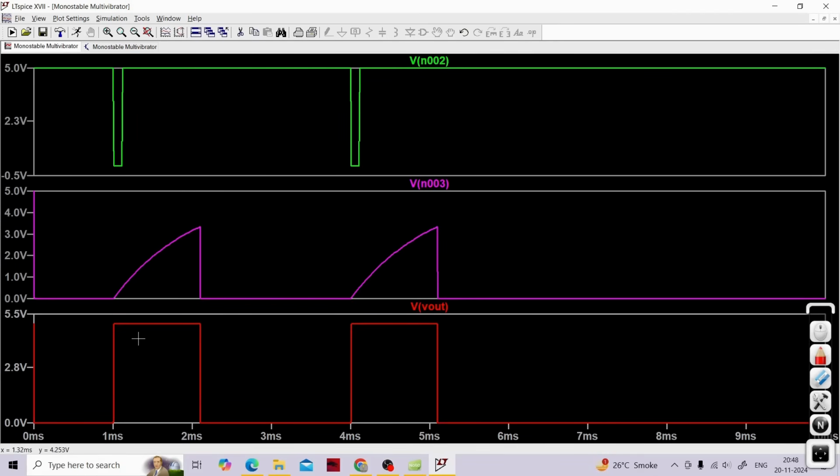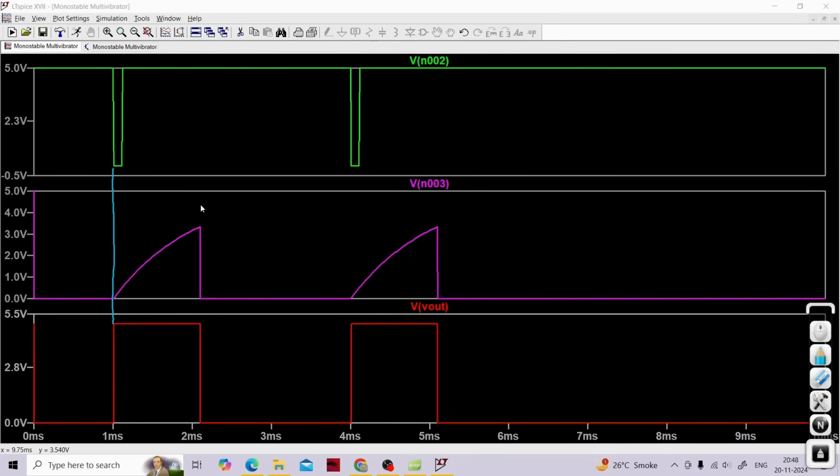You see over here now my output waveform exactly starts at 1 millisecond. Why? Because exactly at 1 millisecond I'm triggering this event. I'm providing the triggering voltage exactly at 1 millisecond, right? The moment I provide the triggering voltage, the capacitor starts charging, and from that very point I'm able to see the output waveform, right?